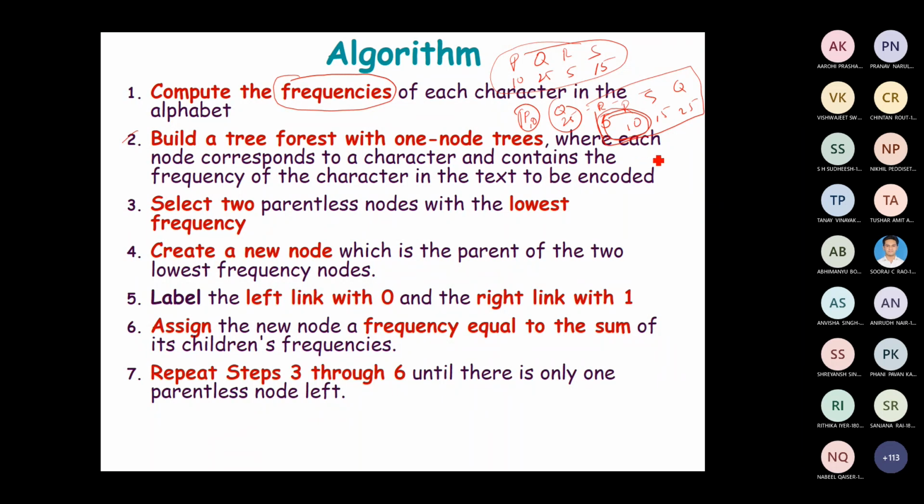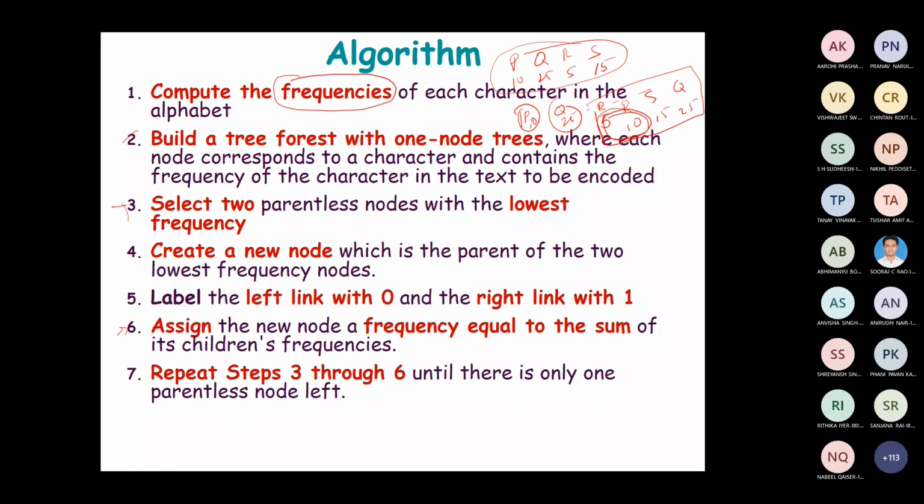Then label that parent node. What should be the weight of that node? It is the sum of the weights of these two nodes, R and P, and you assign that frequency to the parent node. This same step has to be repeated until you have covered all the nodes.